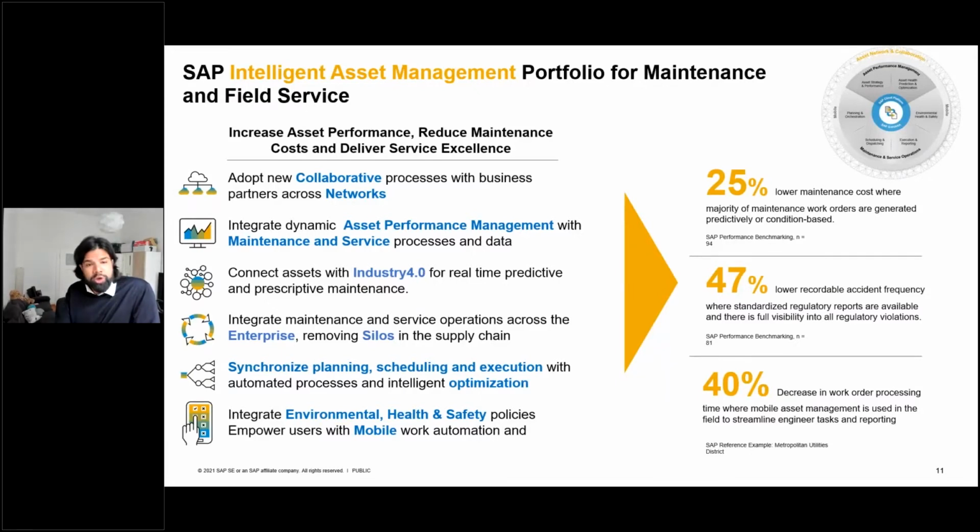And with this portfolio, we did a benchmark with our customers who are currently running the ERP in the backend, having the plant maintenance in the backend, and now using our solutions. By using the solutions, we came out with the numbers: 25% saved on their maintenance cost overall compared to their yearly budget, as well as 47% reduced accident frequency.